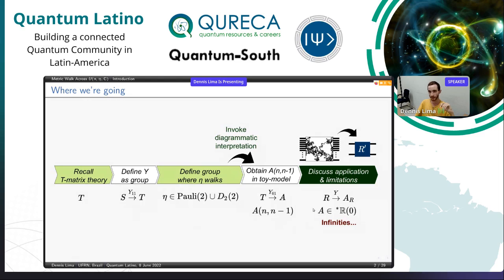And subsequently, I discuss the applications and limitations of this technique to map two pseudo-unitary groups, and how we could use this to build large braid circuits, sort of emulating renormalization. But there are some infinities on the way.